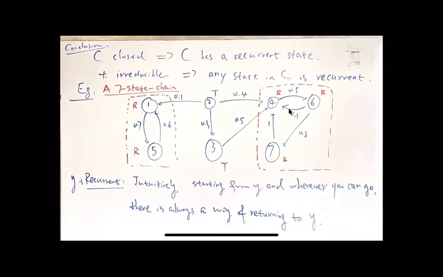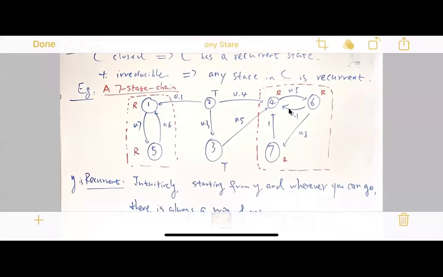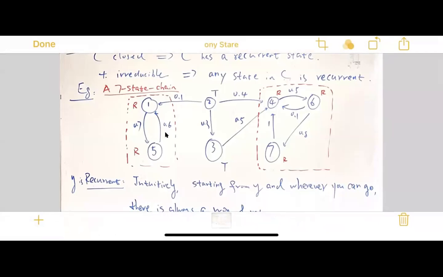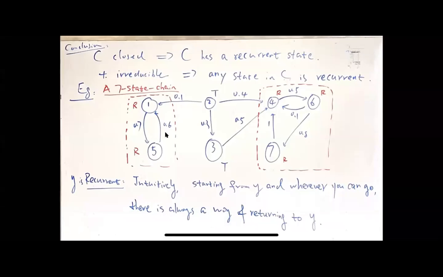If C is further irreducible, then any state in C is recurrent. You can see the examples in the picture. It's called a 7-state chain.